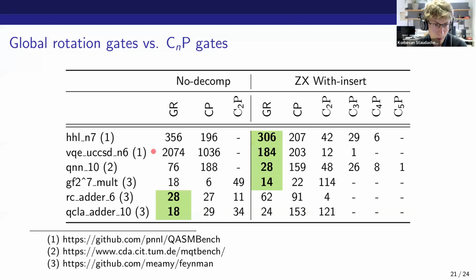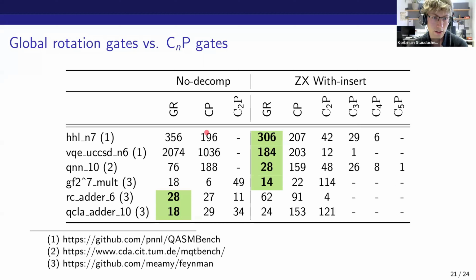Sometimes this was quite drastic, like here in this algorithm, but in other parts, sometimes it didn't work out very well. That's also the case that in some parts, really, this very naive strategy already yielded the best results regarding those global rotations. But on another level, which I find quite interesting, we were already able, with this approach, to synthesize multi-controlled gates out of a circuit where initially we didn't have any multi-controlled phase gates.